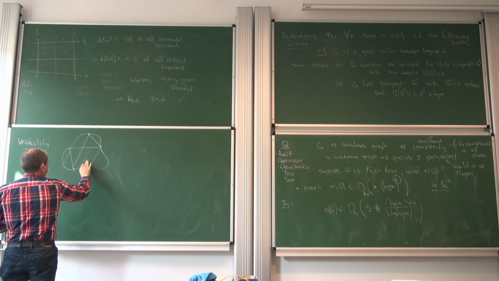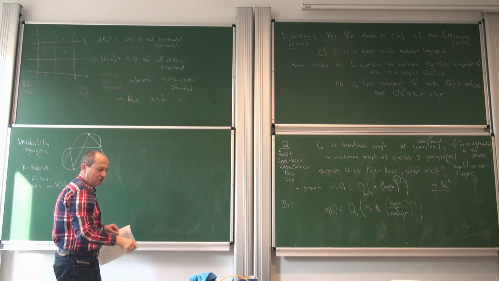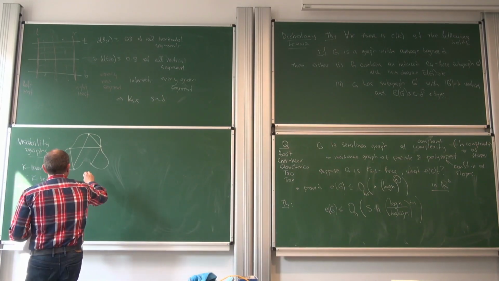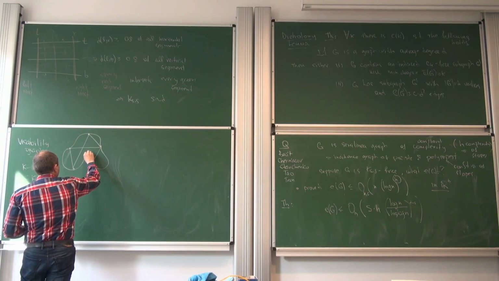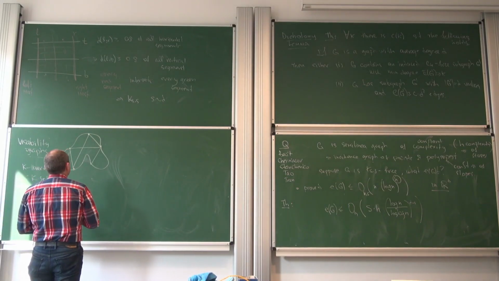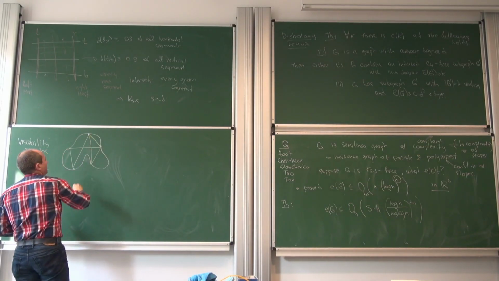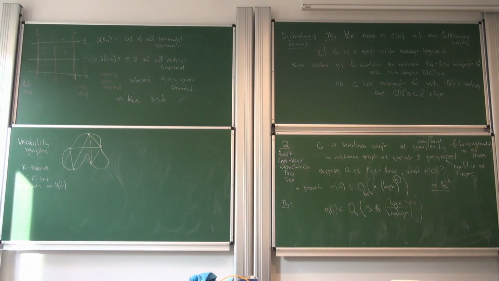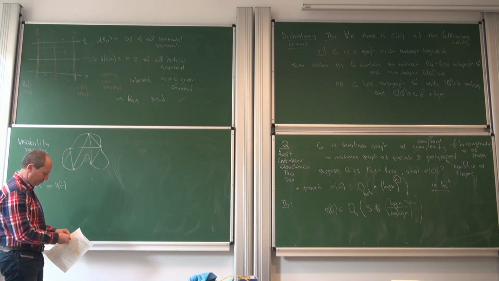Maybe let me draw the curve so that some other two would also not be connected. Yes, so this would be a visibility graph. You connect only through the inside.